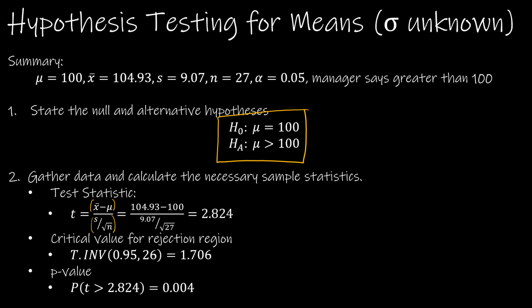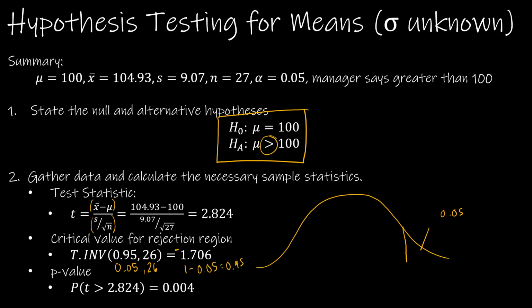For the critical value, if I used t inverse 0.05, 26, I would end up with a negative value. And again, this is a right-tailed test. So what that tells us is to the right of this, I need 0.05. And so that's why I'm using either t inverse of 0.95, which I found by taking 1 minus alpha, or you could also use the original t inverse of 0.05, 26, and then just take the absolute value of that because we want the positive value.